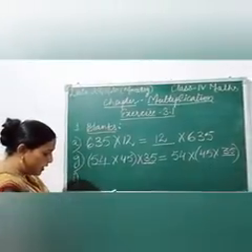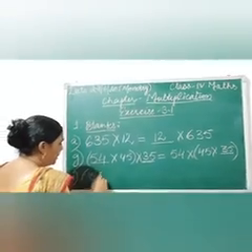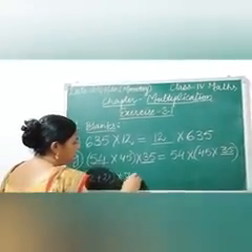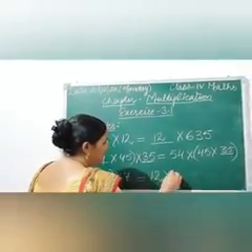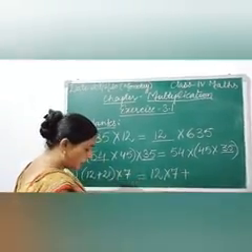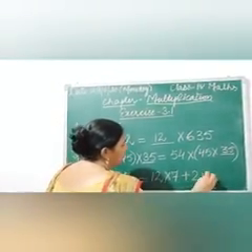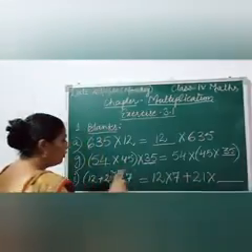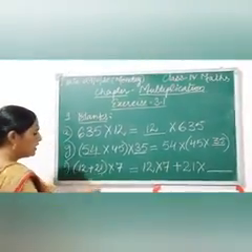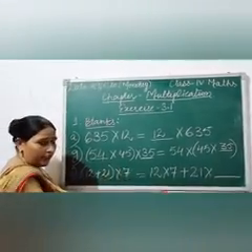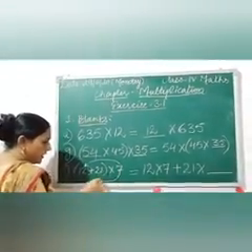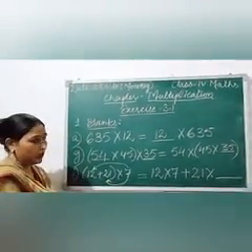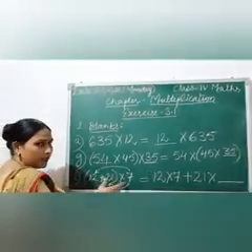Now I will tell you I part. What is there in I part? 12 plus 21 multiply 7 is equal to 12 multiply 7 plus 21 multiply dash. How to solve this? This bracket is multiplied by 7.